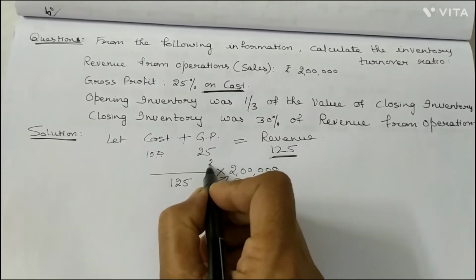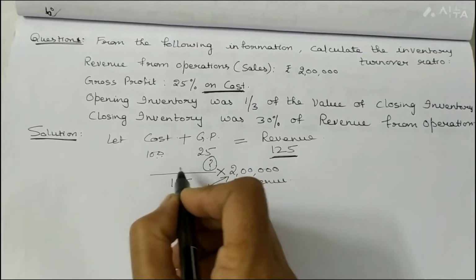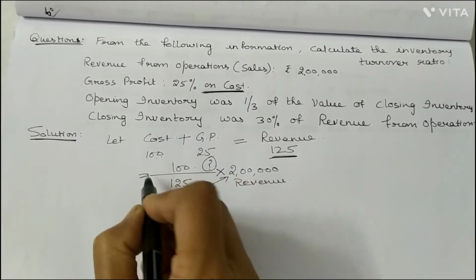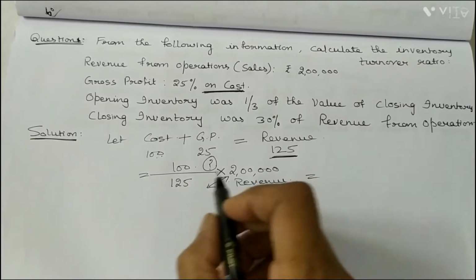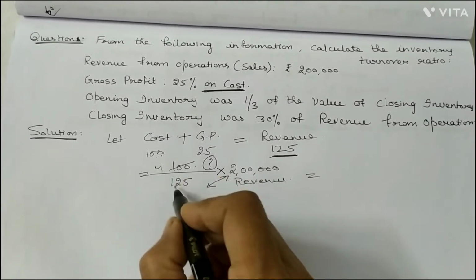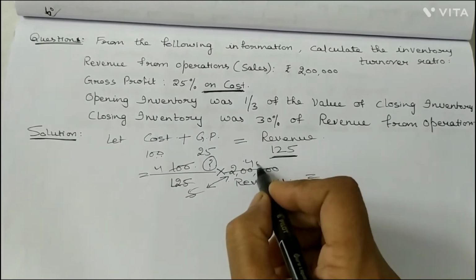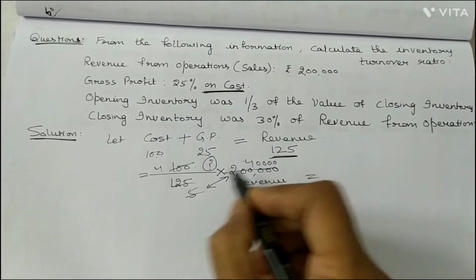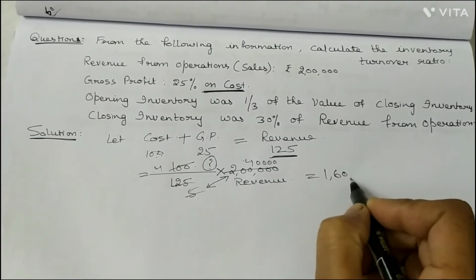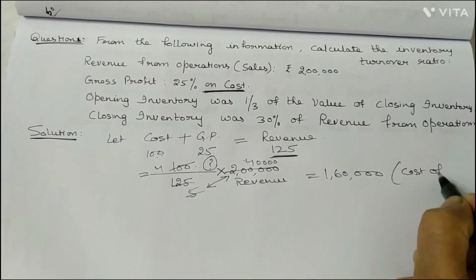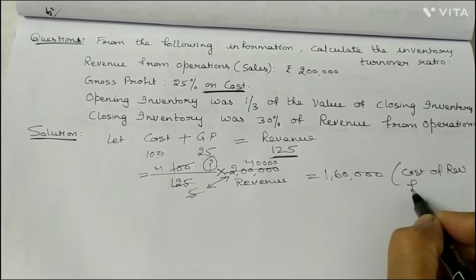And whatever you want to calculate, you have to write here, that is cost 100. So it is equal to 1,60,000, which is the cost of revenue from operation.